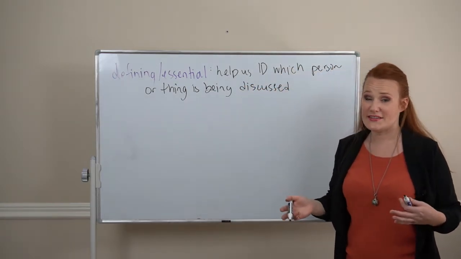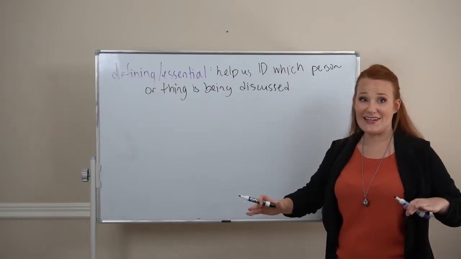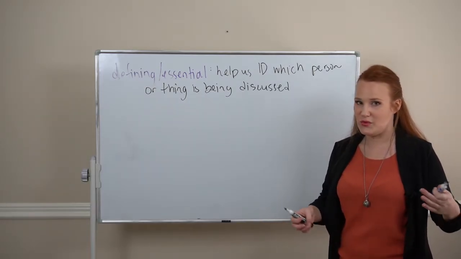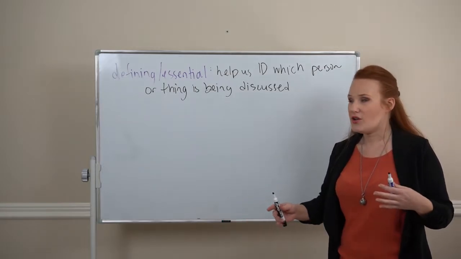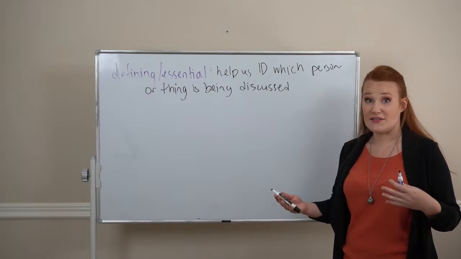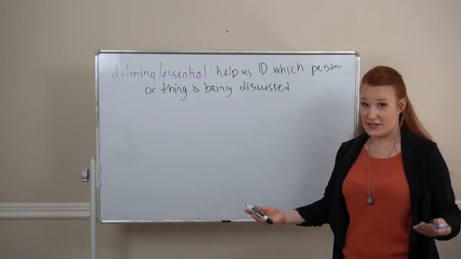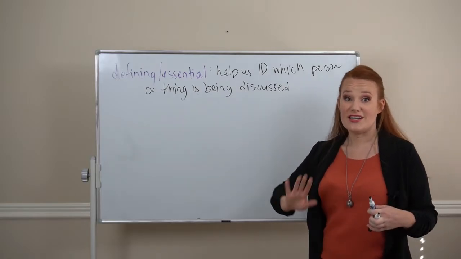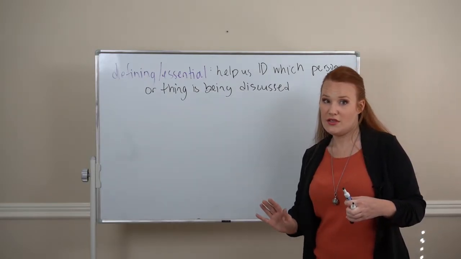Without this clause, we would have no idea what you're talking about. We can't tell which guy, which table. So we need to have a defining clause to identify which thing is being discussed. So these are all of the clauses we have worked on so far.